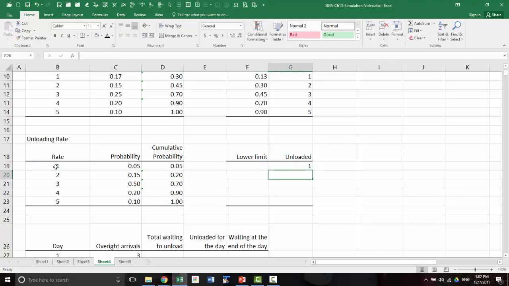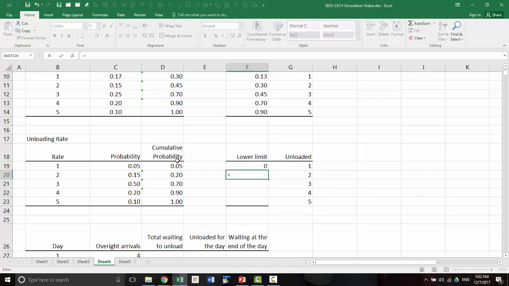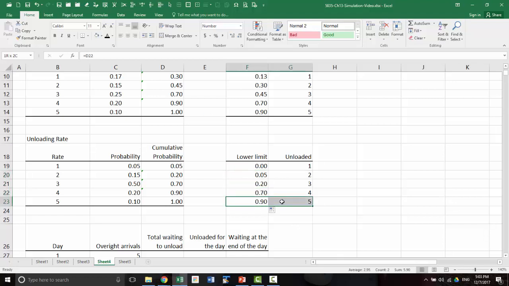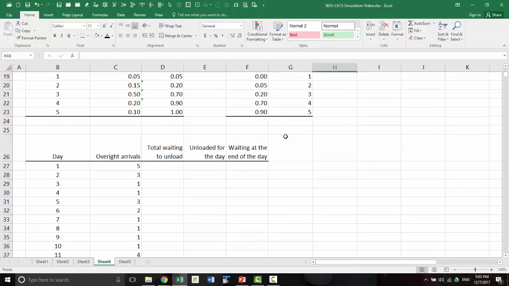So from there, 1 and goes up to that. And the lower limit, the first one is 0 and the second one is the cumulative probability from the previous row. And now that will be our lookup table for the unloading rate.